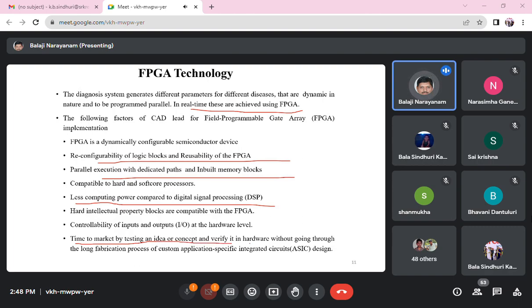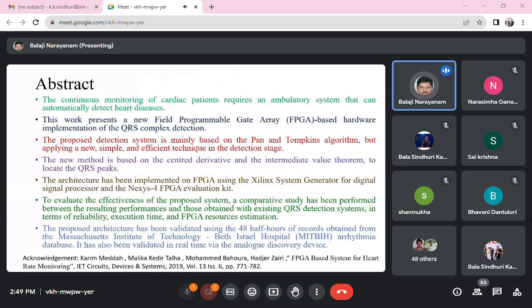For time to market, you can test an idea or concept and verify it in hardware without going through the long fabrication process of ASIC design. So you may go for FPGA implementation. This work can be presented on an FPGA. For the architecture, you can use a Nexys FPGA evaluation kit or any other. As I said, you may use the latest FPGA, such as a Zynq or ZedBoard.